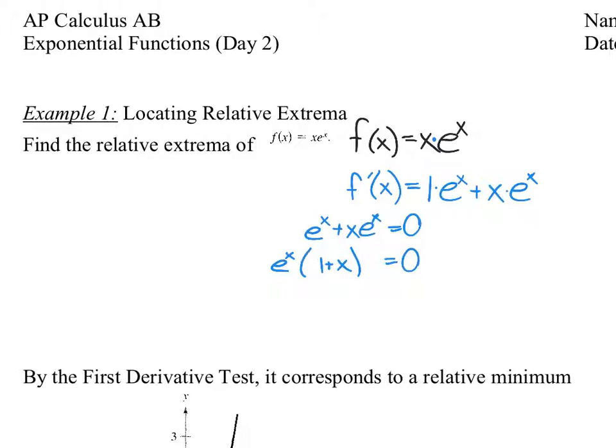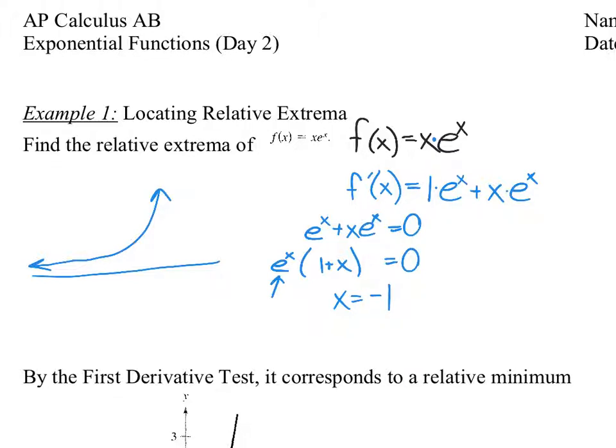Anything greater than 0. Remember, we have that asymptote, so it will never equal 0. So we're not going to get a root from this. So what's our only answer? Negative 1. So we're going to have one potential relative extrema. We have one critical number.